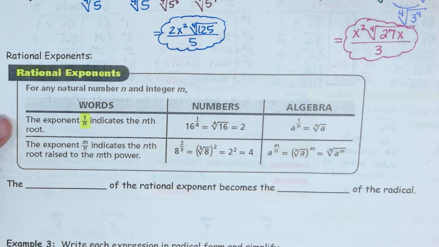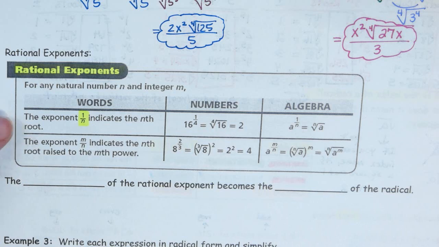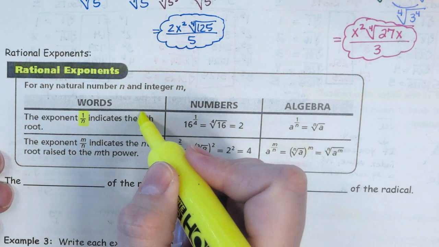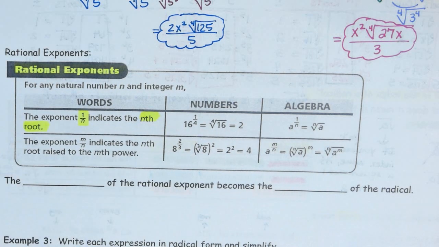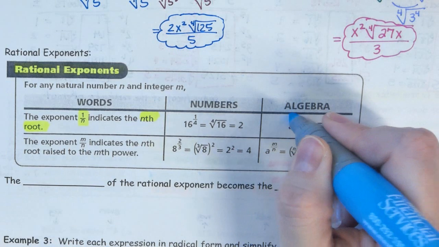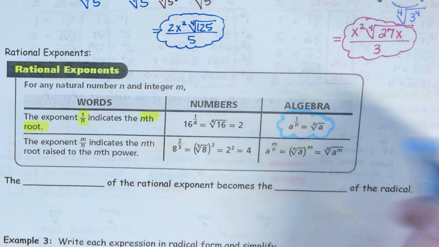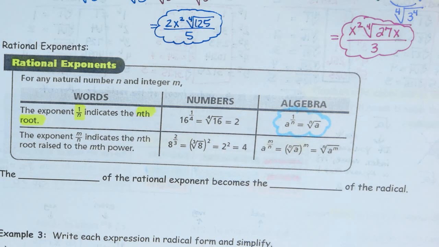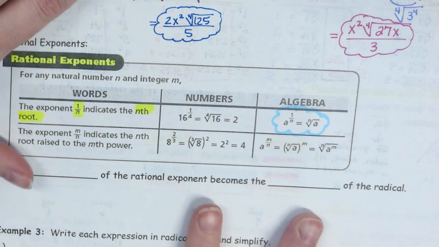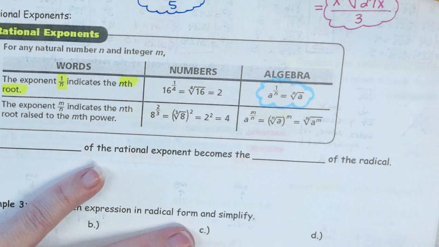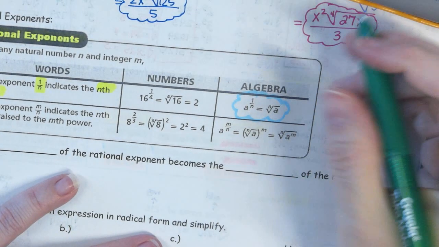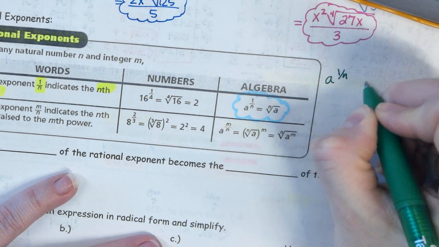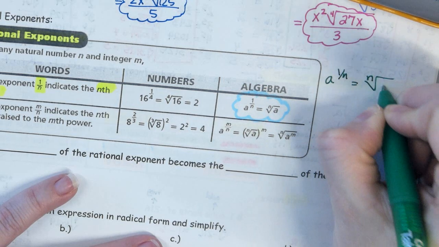The exponent 1 over n indicates the nth root, okay? So we're gonna write that out. The example they give you is 16 to the 1/4 is the 4th root of 16 equals 2. But when I say that we talked about this before, we talked about it with the logs. So if you have a to the 1 over n, that's going to be the nth root of a.